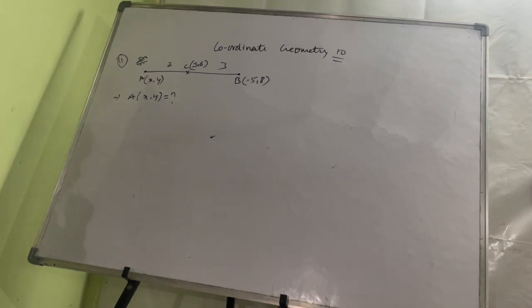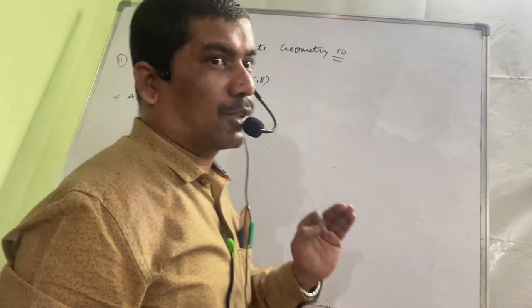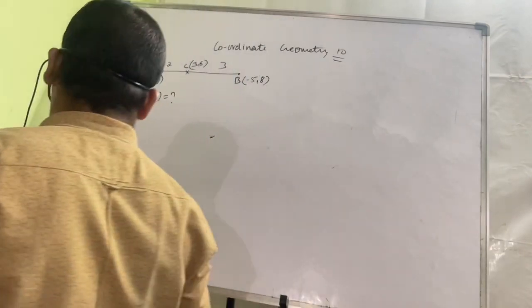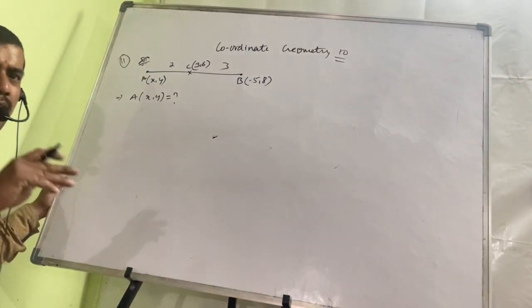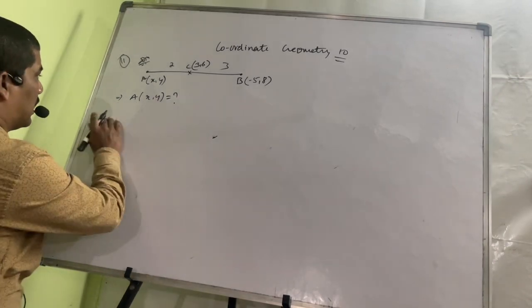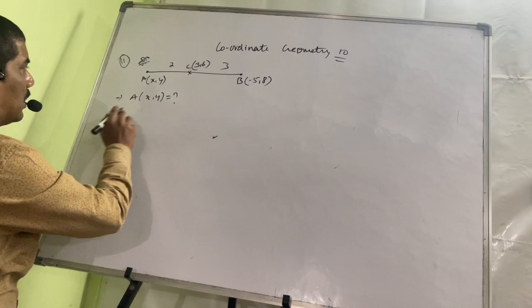So again we are going to equate the corresponding parts. Clear? So write down the formula, the same formula: m1 x2 plus m2 x1 by m1 plus m2. Carry on as it is. Here you write down the formula.